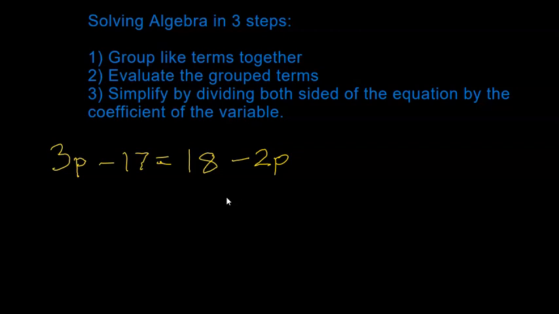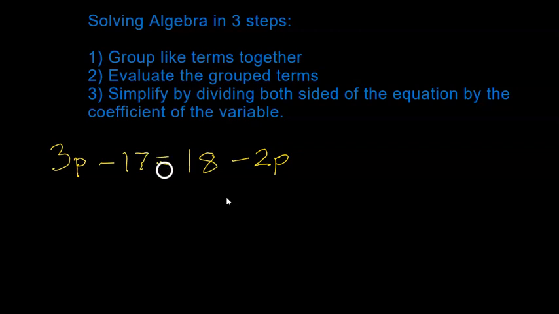So what we're going to do with that is bring all the terms that are common. For example, all the p's to the left and then all the non-p's to the right. All right? And anytime any of the terms crosses the equal to sign, the sign that it travels with changes.